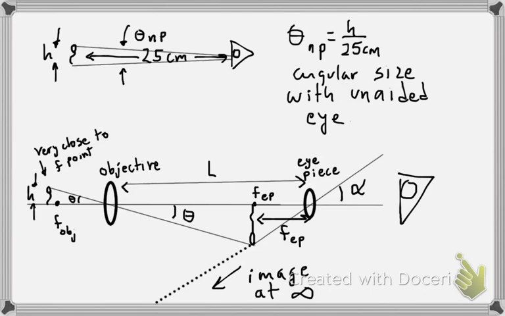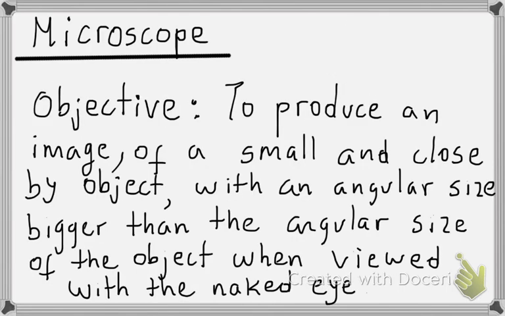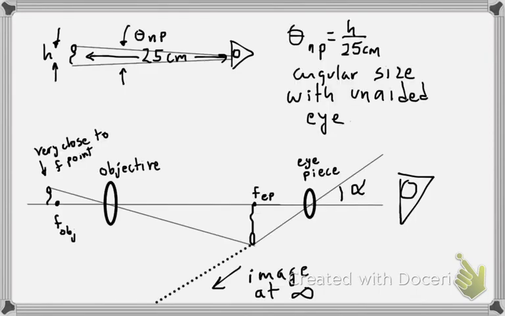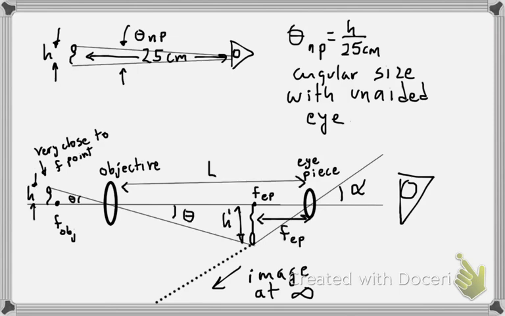So let's call the height of the object h, the height of the image, we're going to call it h prime. Sorry, I lost track of this. Alpha, the angular size of the final image, is going to be h prime divided by the focal length of the eyepiece.